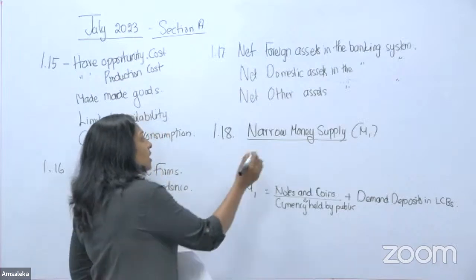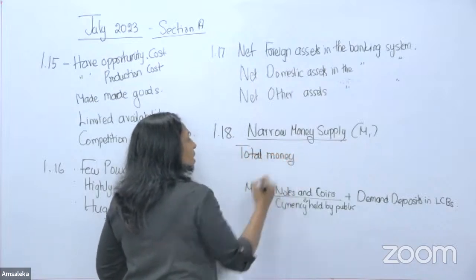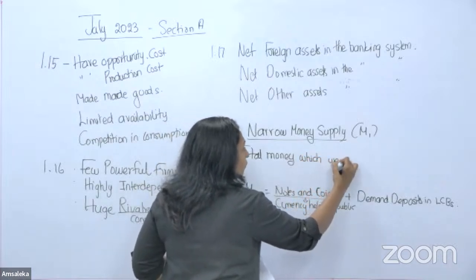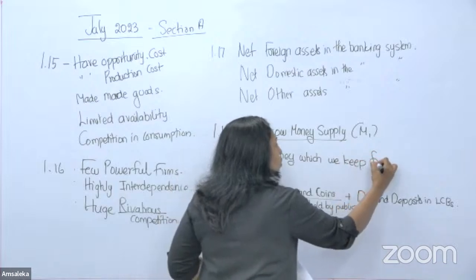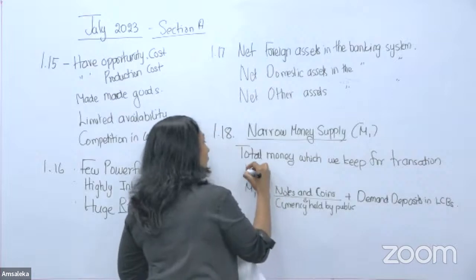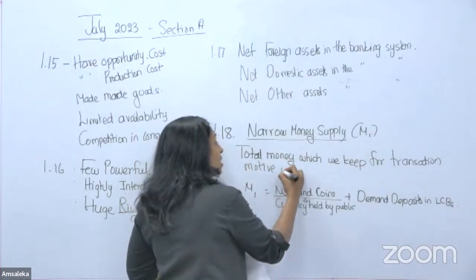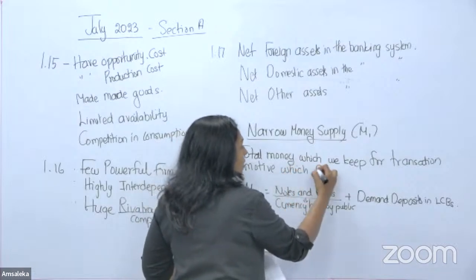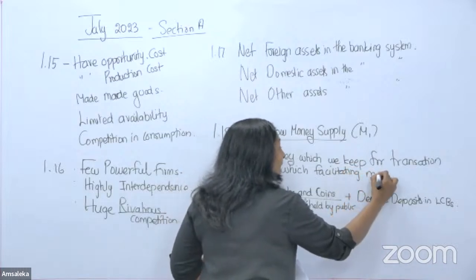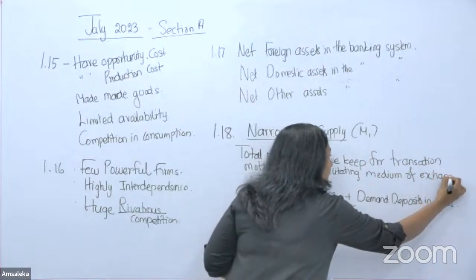So this is the total money which we keep for transaction motive, to buy and sell, which facilitates the medium of exchange.